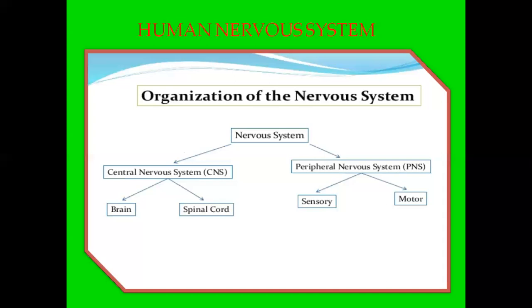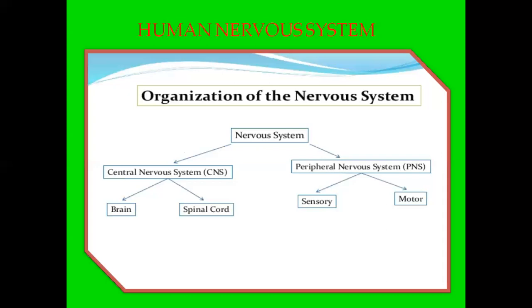Is it clear? The autonomic nervous system is subdivided into the sympathetic nervous system and the parasympathetic nervous system. But next time, inshallah, you will study about the sympathetic and parasympathetic nervous systems. Is it clear?